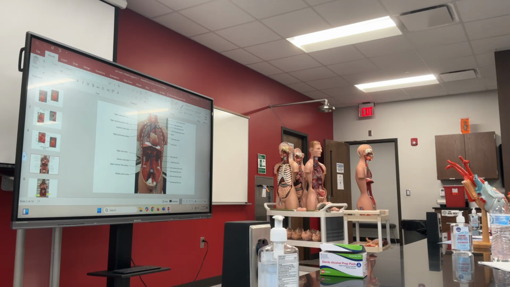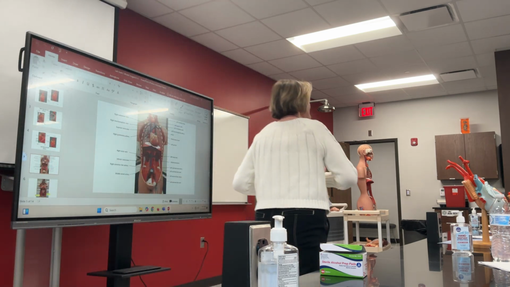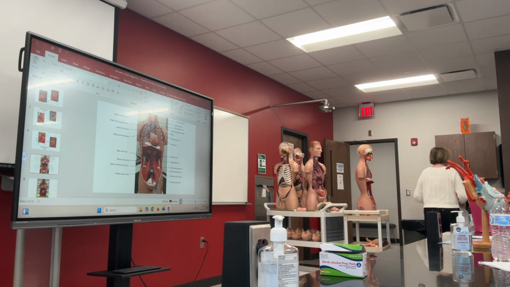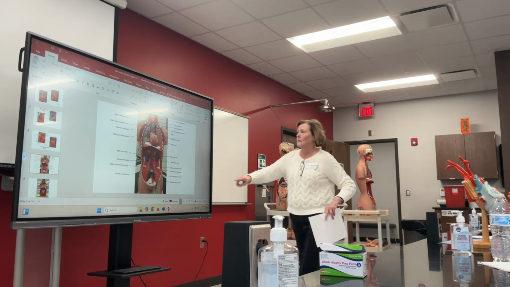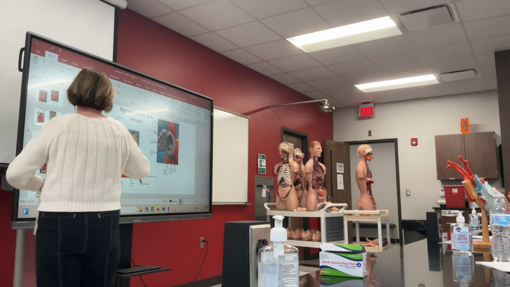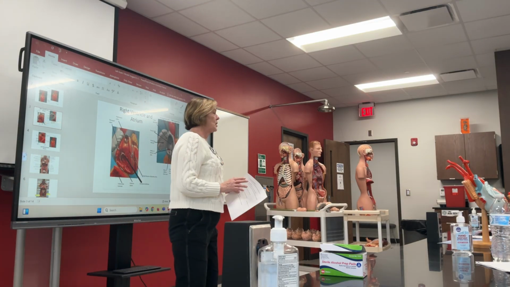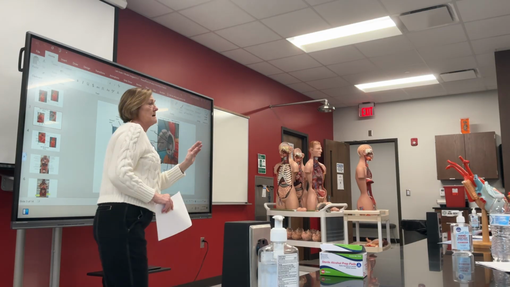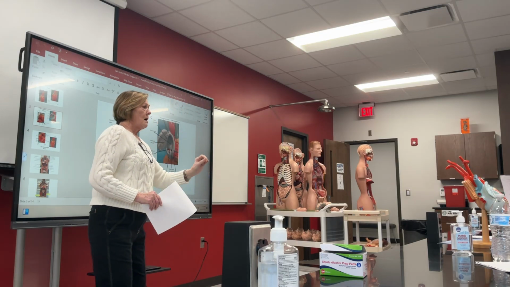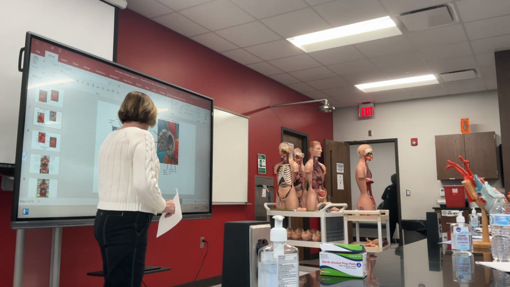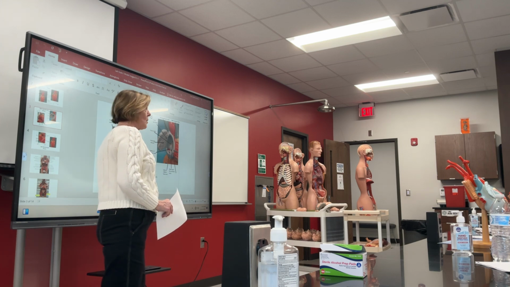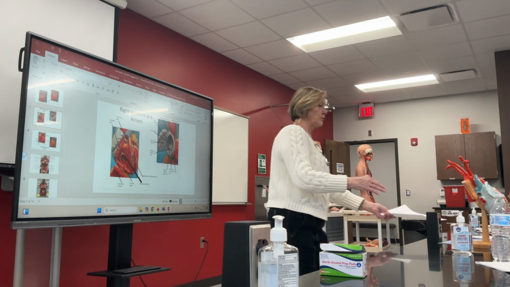Okay, so you may mark out AV node and AV bundle. I'm going to tell you the 3 questions I'm going to ask you on the cardiac conduction system. If I say interventricular septum, I'm talking right here, this thing in the middle. You do not have to know that, that's not on your sheet.